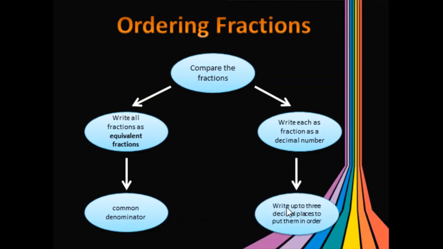You write up to 3 decimal places, then put them in order. So the two ways to compare or order fractions are to write all fractions as equivalent fractions with common denominators, and to write each fraction as a decimal number. 3 decimal places is highly recommended.